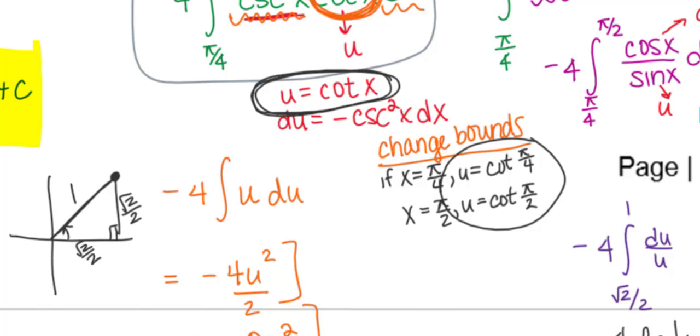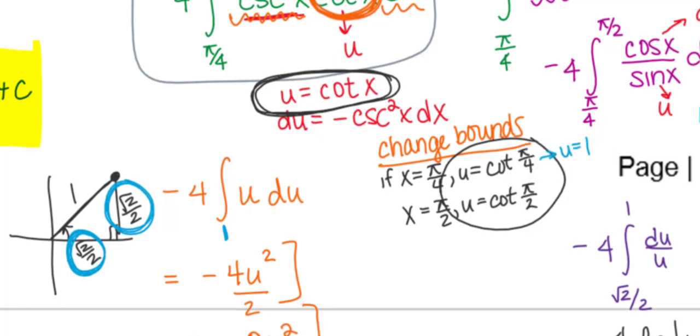So cotangent of this, right? It's the reciprocal of tangent. Tangent is opposite over adjacent. So this is going to be adjacent, which is root 2 over 2, over opposite, which is root 2 over 2. So this gives me a u value of 1. So my pi over 4, or my lower bound, would have a u bound of 1.